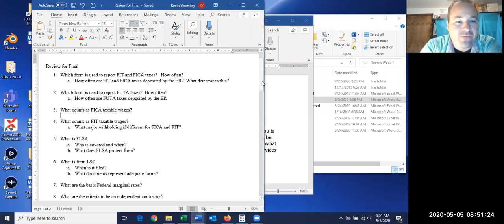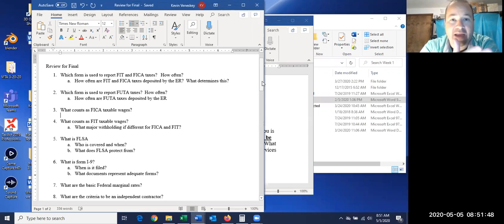How often are the federal income taxes and the FICA taxes deposited by the employer? Well, they are typically done every month, or they're done bi-weekly. Bi-weekly, remember, means every other week. Bi means 2, so every other.